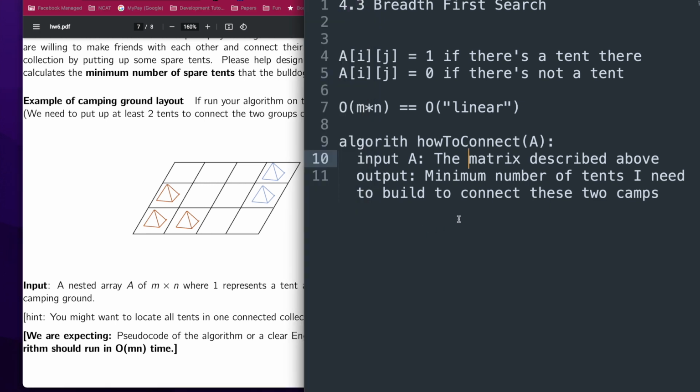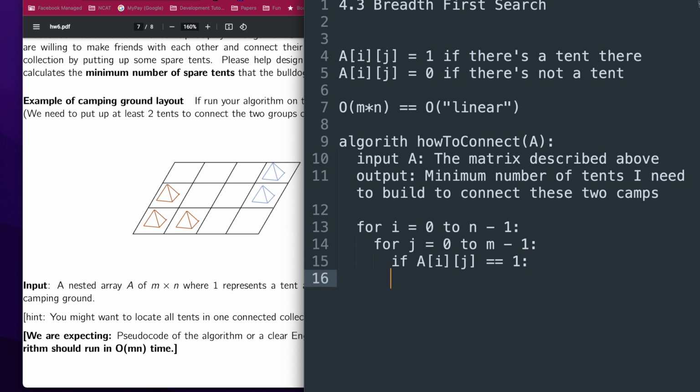Essentially what we're going to do is start by iterating over our input matrix to find a 1. So for i equals 0 to n minus 1, for j equals 0 to m minus 1, let's look at Aij. If Aij is 1, then that means we found one of the connected components.